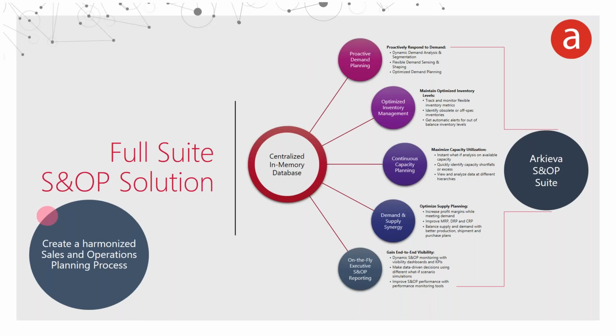The Arkieva solution is a full planning platform that helps you create a harmonized S&OP process by providing a centralized repository for proactive demand planning, optimized inventory management, continuous capacity planning, and demand and supply synergy, which enhances your overall visibility using reports and dashboards.